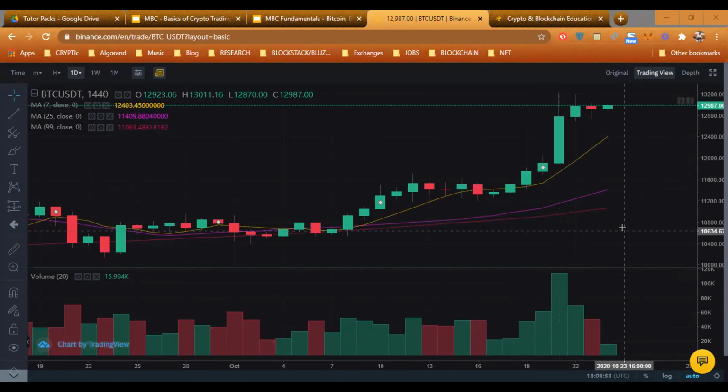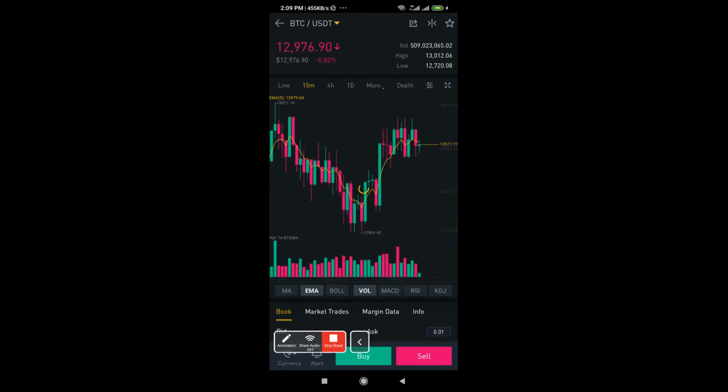Let me show you how it looks like on mobile. For those of us who are using a mobile device, stop sharing. Okay, so there is a mobile device. At this top part, this is where you can determine the time frame you want to look at.